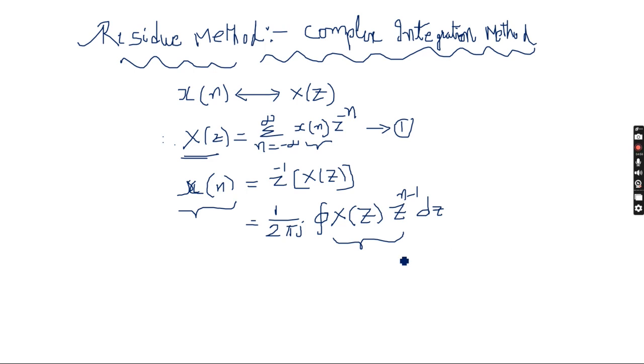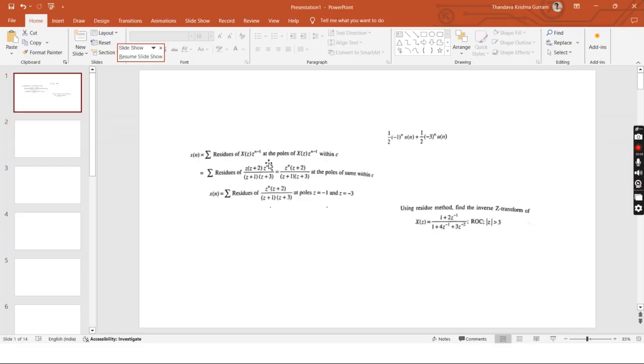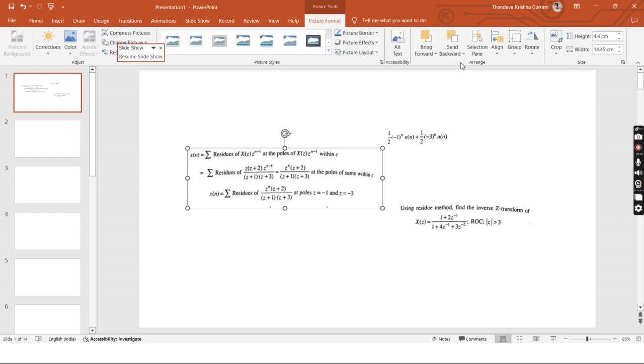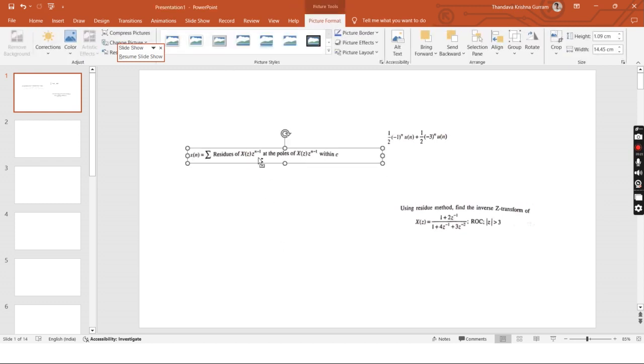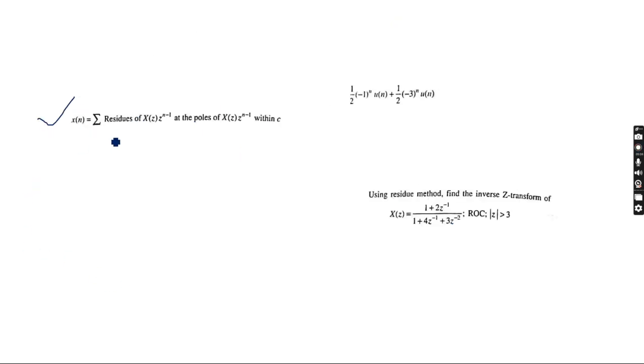So this is the formula. Okay, x of n is equal to the sum of residues of X of z into z power n minus 1 at the poles of X of z z power n minus 1 within C. First you have to find out the poles of the Z transform.